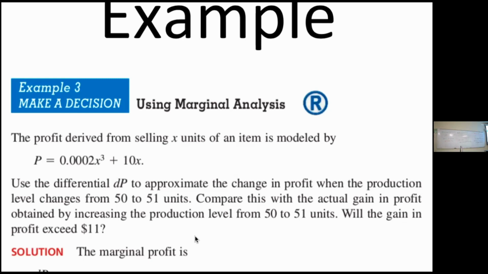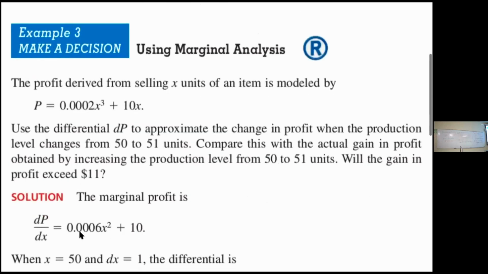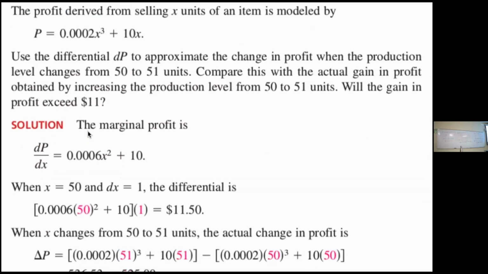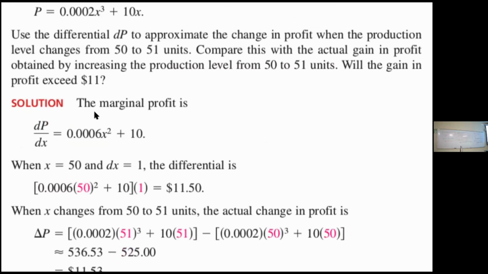And comparing it to the question of, will you gain profit exceeding $11? Well, yeah, you're going to gain 53 cents more than that. So looking at their solutions, they calculate the marginal profit, which, like I said, I think it was lecture 4 or 5, dP, the differential of profit, revenue, or cost will be the marginal profit, the marginal revenue, or the marginal cost.